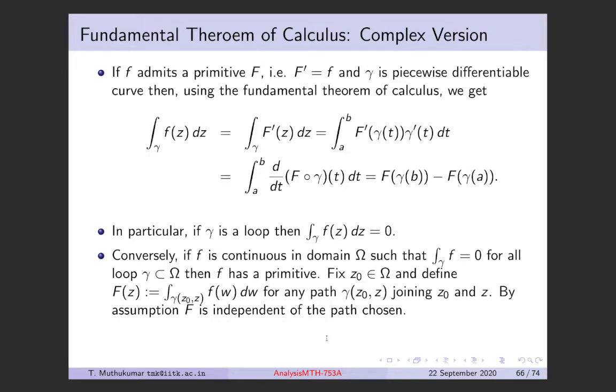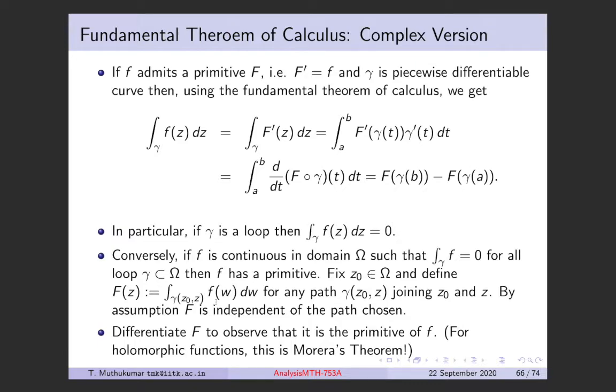If you pass to the limit there, you will see that you get 0. This part I leave you to complete. You just have to check that this derivative of capital F is little f. Now with this we can get into some equivalent properties of holomorphic functions.